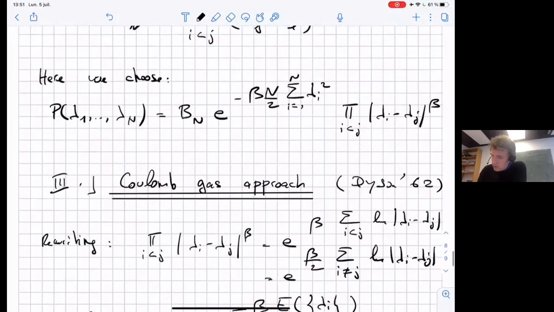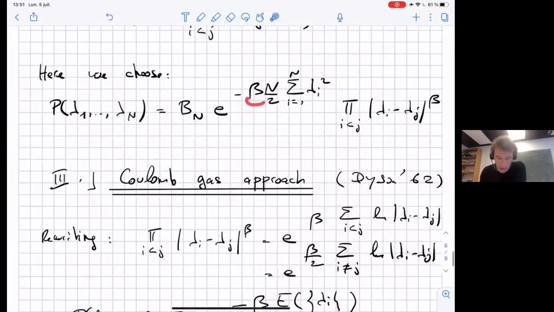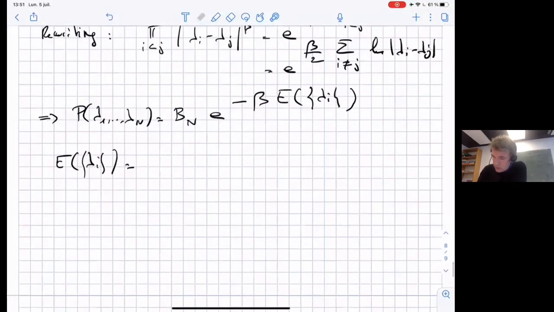I took the beta and the minus sign outside. So one is n by 2 times the sum of lambda i squared.